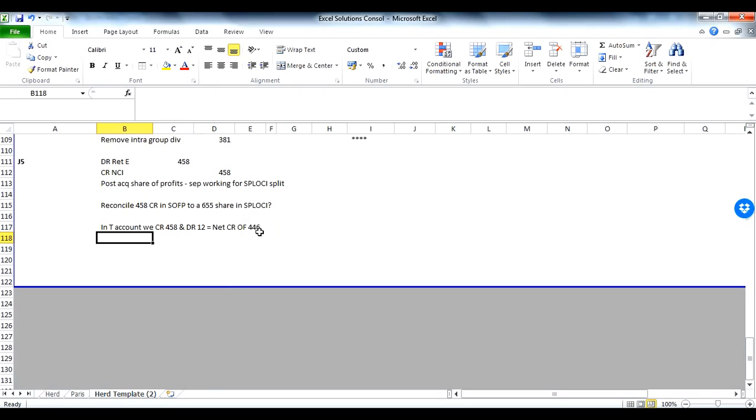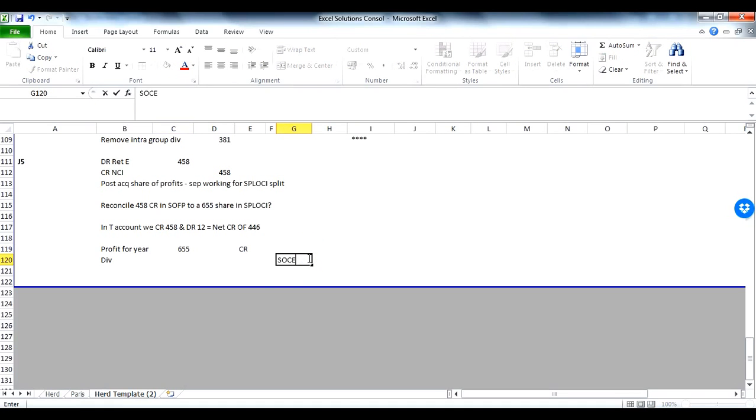But what about the SOPL? Well, the profit for the year is 655, and of course that's a credit because that's going to the NCI. But remember, there are also dividends for the year for the sub, which we need to put into the statement of changes in equity.